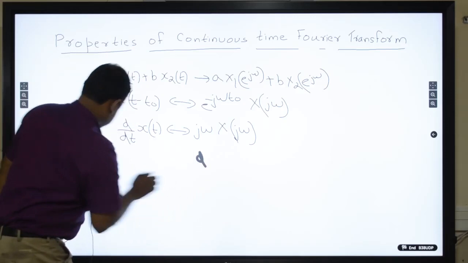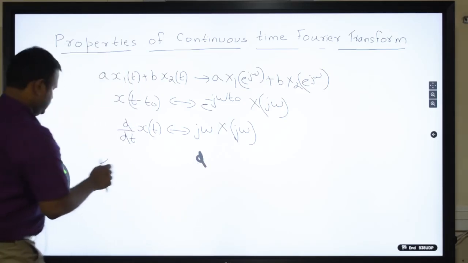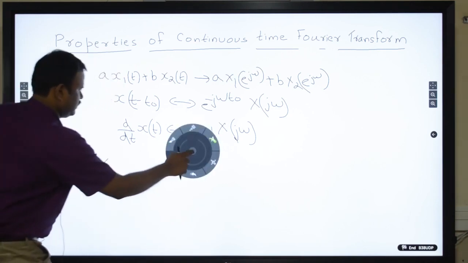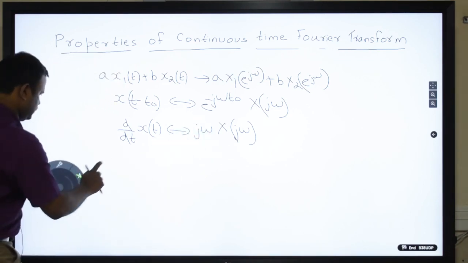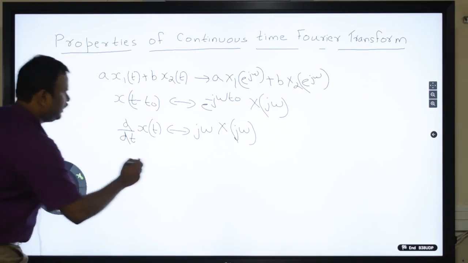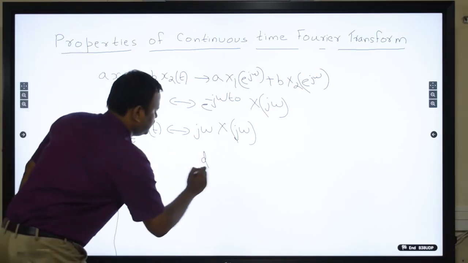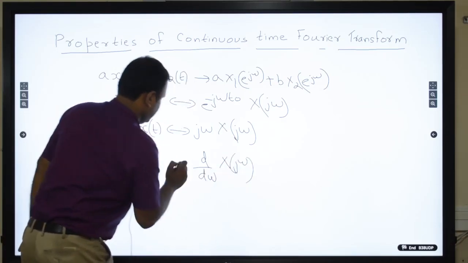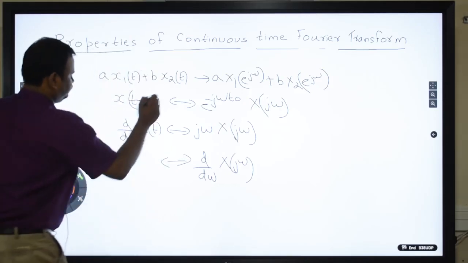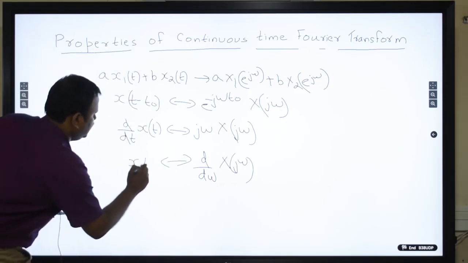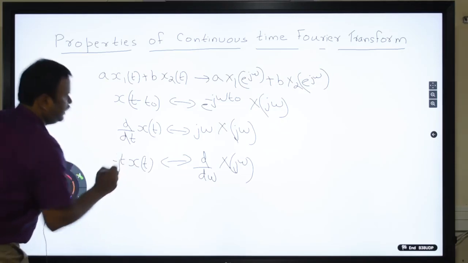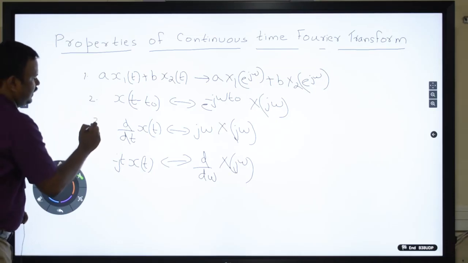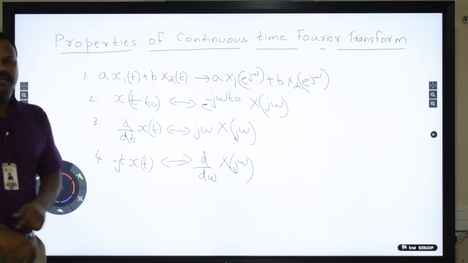Similarly, if you do the differentiation in frequency, d by d omega of X(j omega), in time we get x(t) into minus jt. So, these are the four properties we have seen today. Thank you.